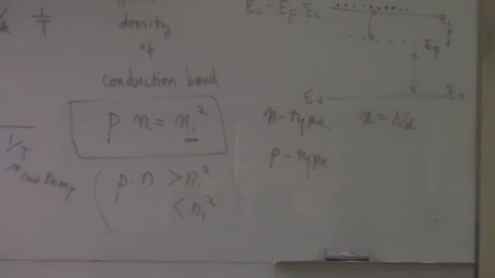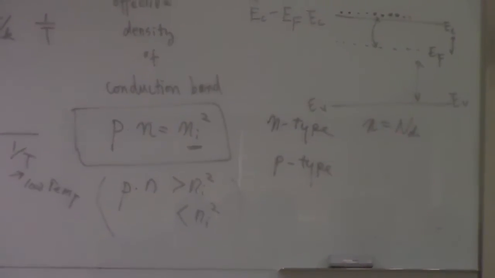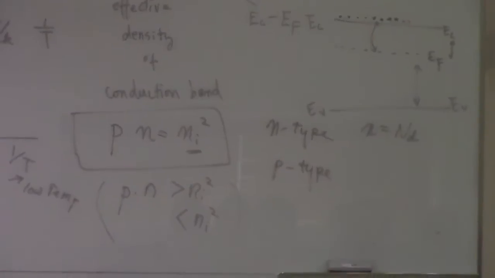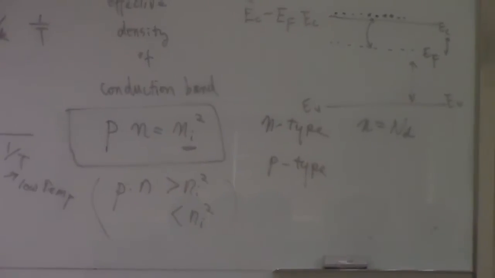If you dope the semiconductor, it means that you are going to mix in foreign atoms, dopants, much more than the number of free carriers you would otherwise have.